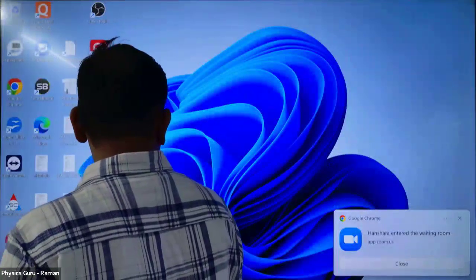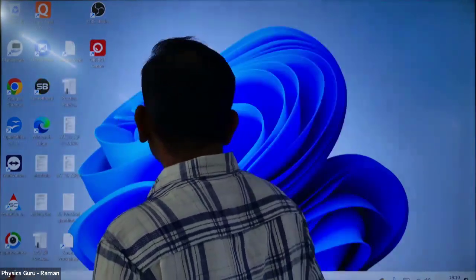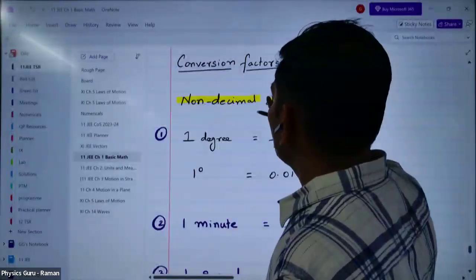Yes, sir. Last class, you talked about graphs and a little bit of calculus. We saw about the slope and velocity, uniform acceleration. Then we saw how velocity and time change, how it changes uniformly.